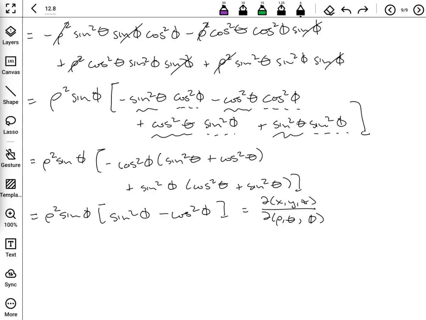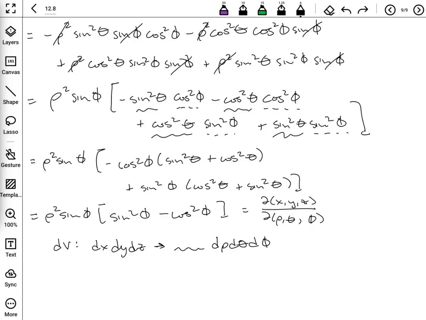So that's good. And then lastly, we just want to find that dV thing, where we take dx, dy, oh no, dz, into, it should be rho squared sine phi, but let's say we don't know, d rho, d theta, d phi.